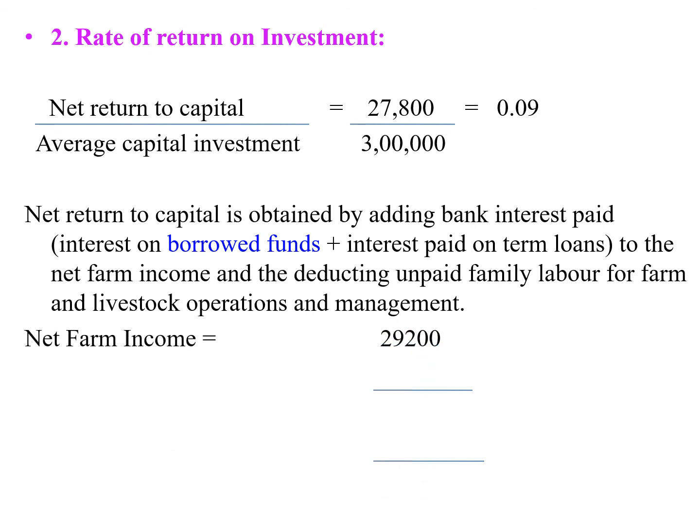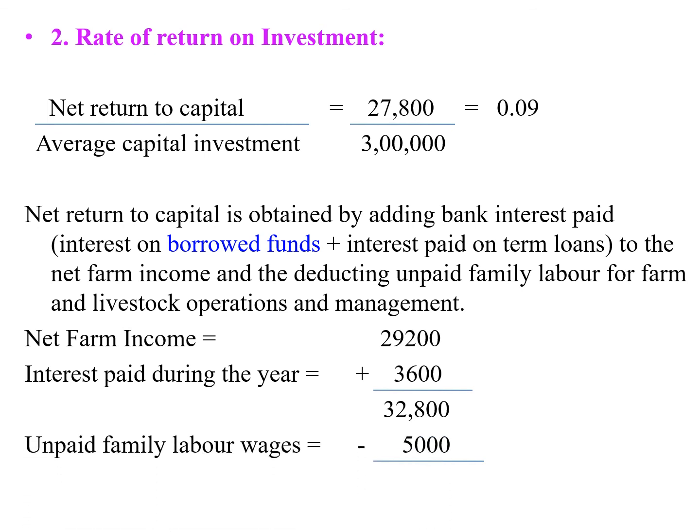So our net farm income is 29,200 plus interest paid during the year, 3,600. So the value comes to 32,800 and we have to deduct the unpaid family labor wages, which are 5,000. So our net return to capital is 27,800.